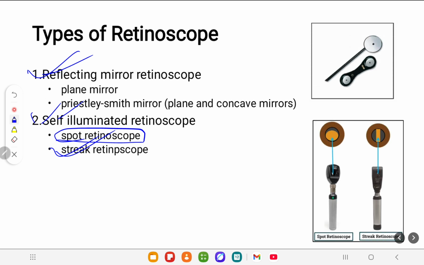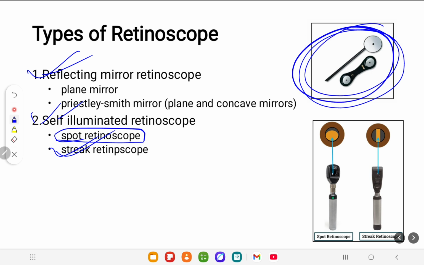I have seen these pictures in my viva in bachelor's in optometry. This is a spot retinoscope, this is a streak retinoscope, and this is a Heine retinoscope, and I'm a fan of the Heine retinoscope.